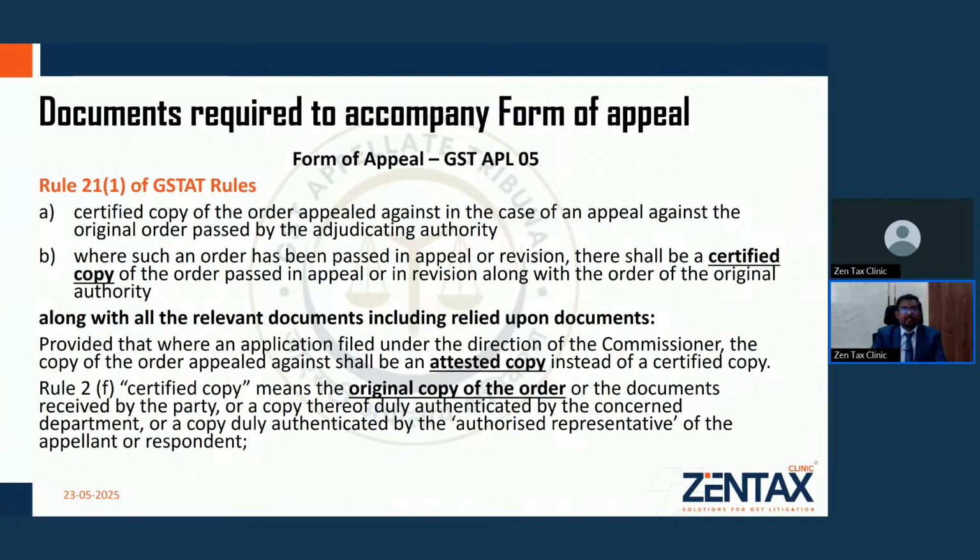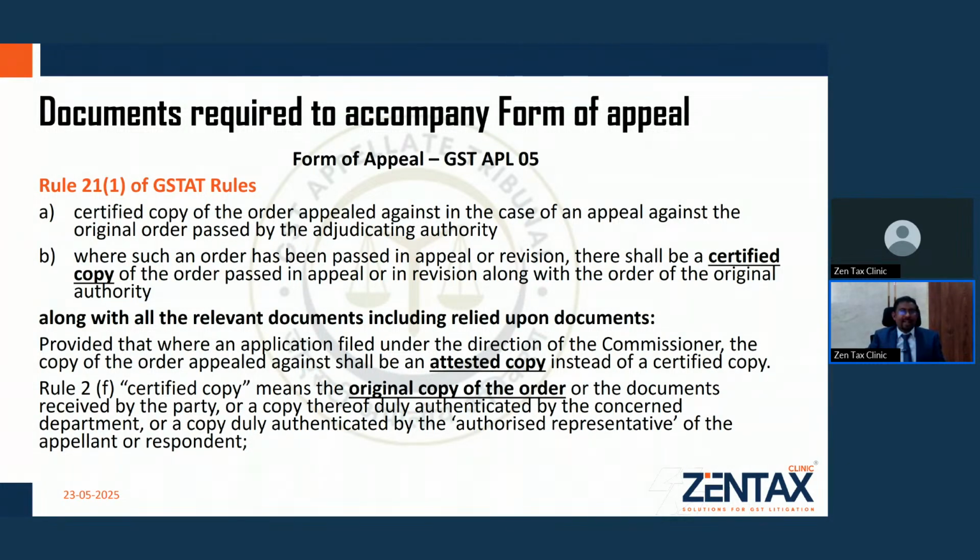We already discussed who can be an authorized representative, so I am not going into it in depth now. But it is very clear that the appellant, the person filing the appeal themselves, for whatsoever reason, has not been included as the person who could certify the order which is being appealed against.